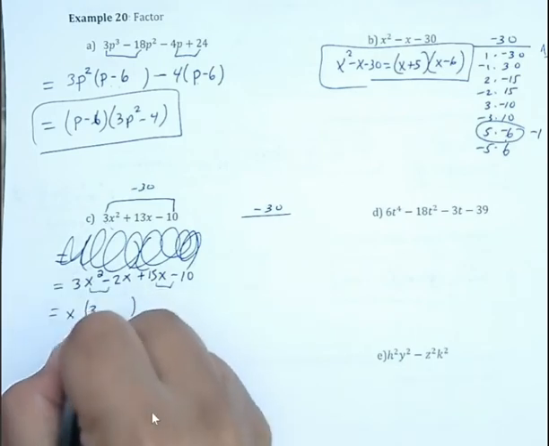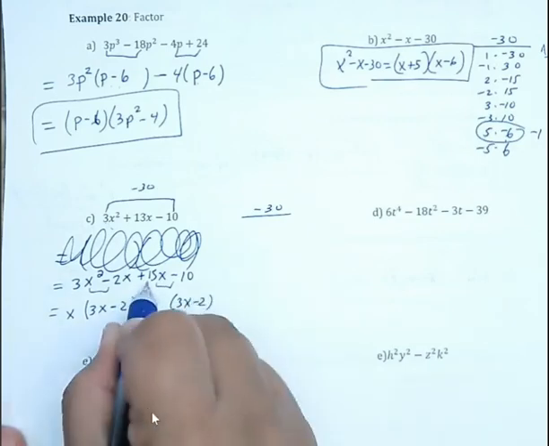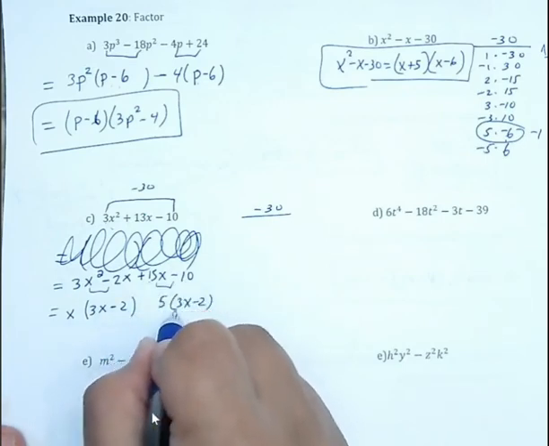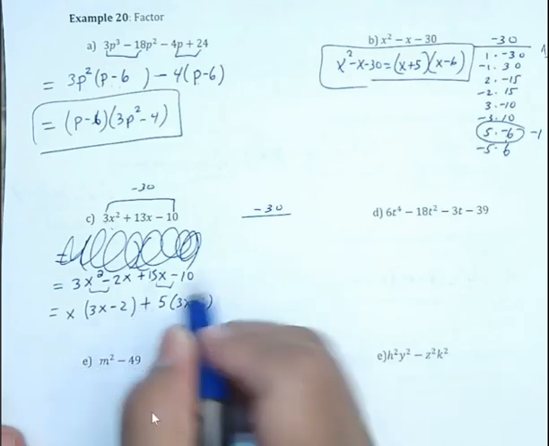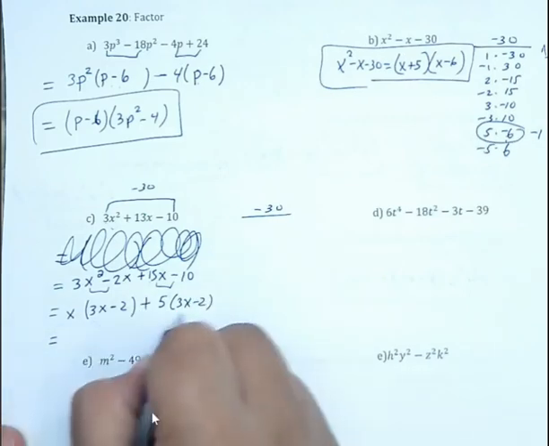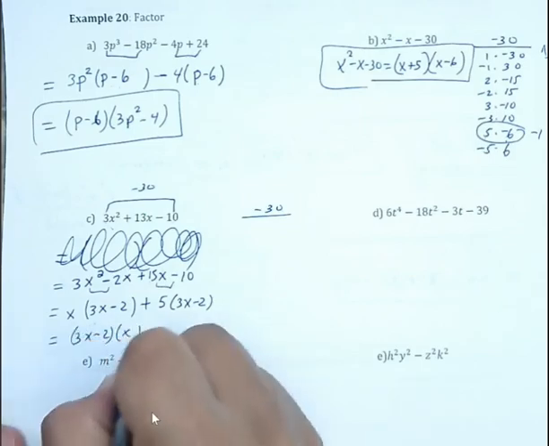So we end up with 3x minus 2. And the greatest common factor of 15 and 10 is 5. 5 times 3 is 15. 5 times negative 2 is negative 10. And they have in common the 3x minus 2, leaving me with an x plus 5.